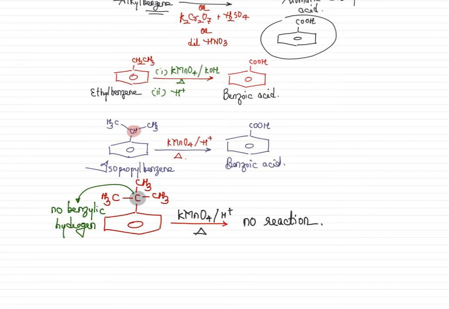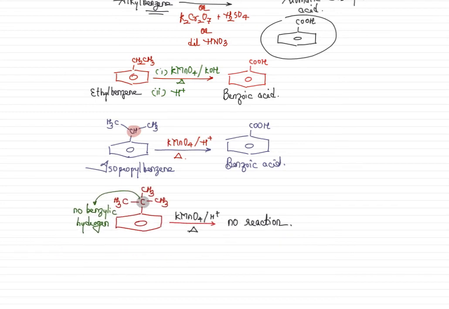So what do we conclude here? We conclude that if the oxidation of alkyl benzene is supposed to take place, then there should be a minimum of one benzylic hydrogen present. If there is no benzylic hydrogen present, then there would be no reaction.